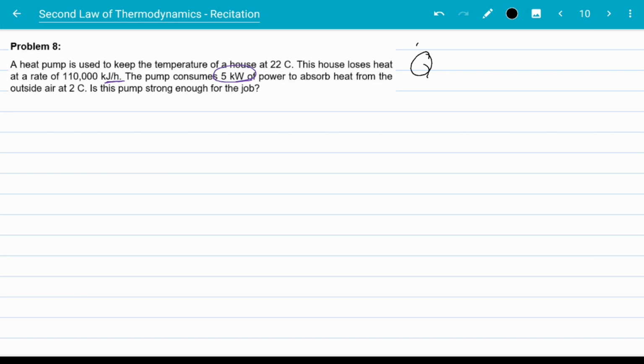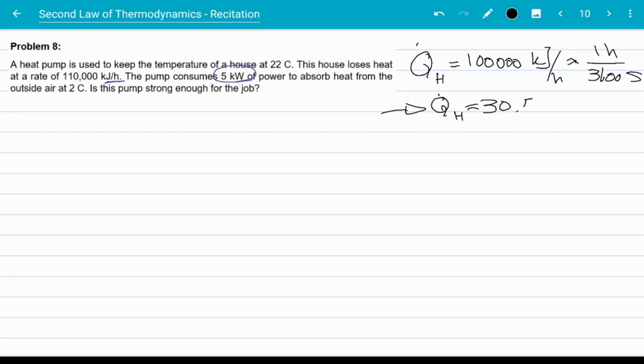Q dot H is 110,000 kilojoules per hour times 1 hour over 3,600 seconds. Do the math, you get that Q dot H is 30.56 kilowatts.